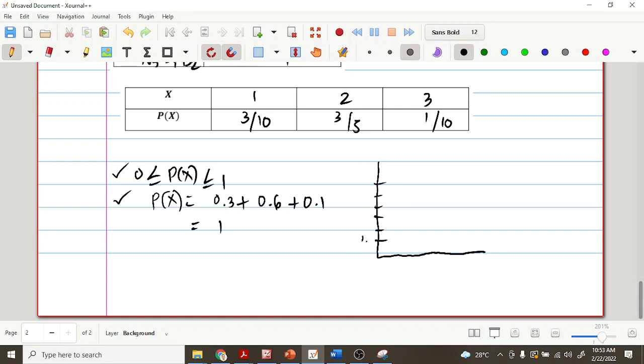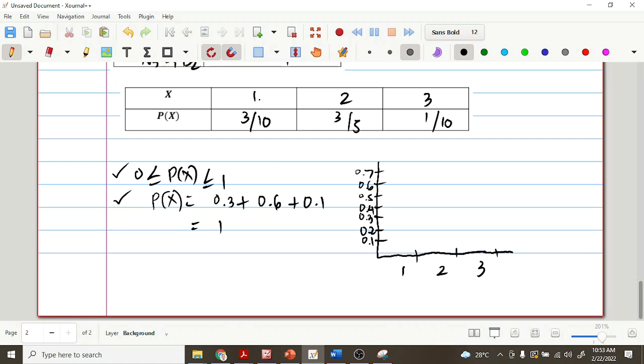So, 0.1, 0.2, 0.3, 0.4, 0.5, and 0.6. And then, lagdagan lang natin ng isa, 0.7. And then, yung mga values sa ating x-axis, this will be 1, 2, and 3.